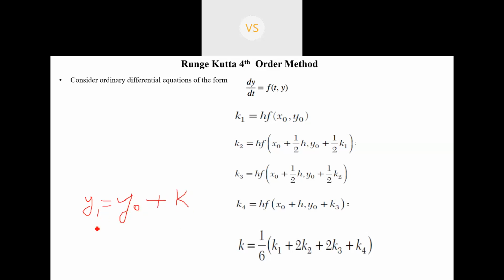You have to consider this formula at the last, after getting the value of k. So these are the very simple methods, RK second order and fourth order methods. You just have to remember the formulas. Okay, I will see an example.